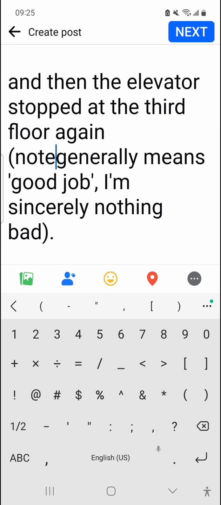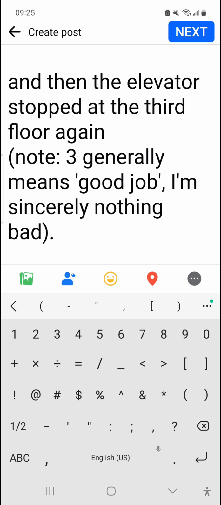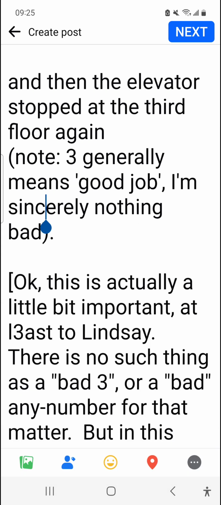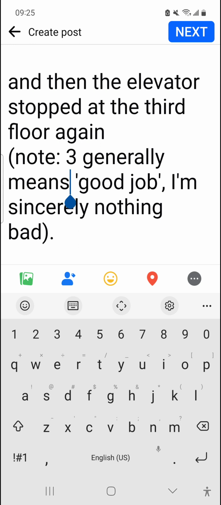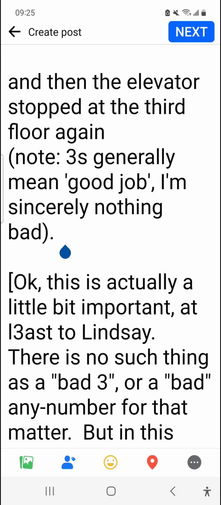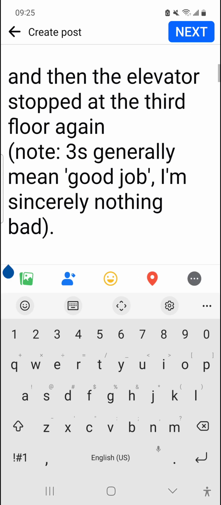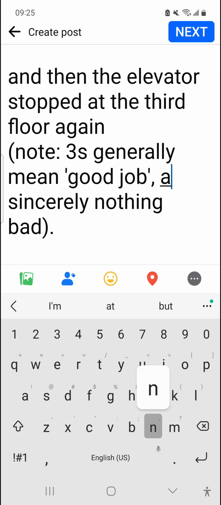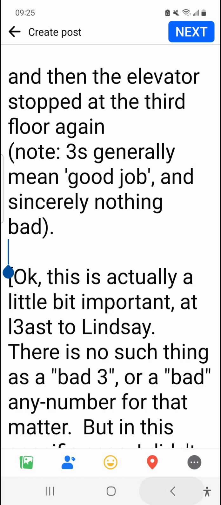Right. So this is important because the 3s are really not understood. 3s generally mean good job, and sincerely nothing bad about that.